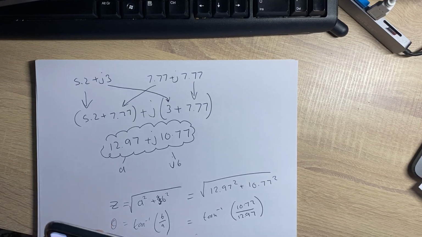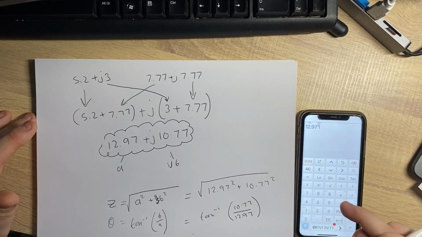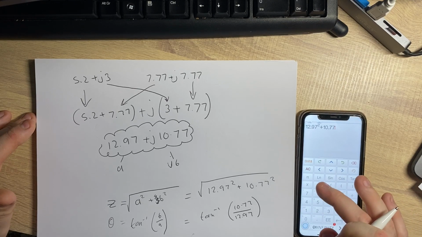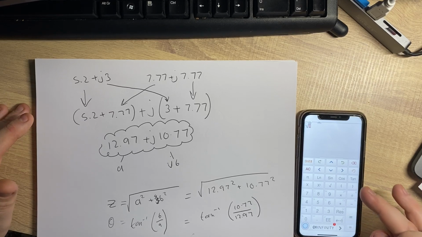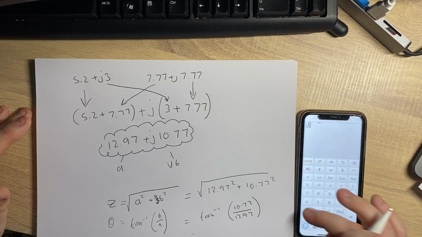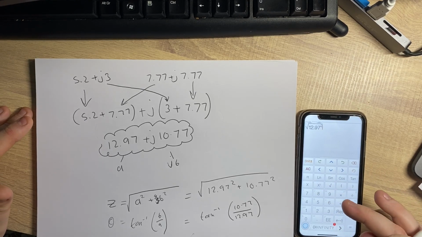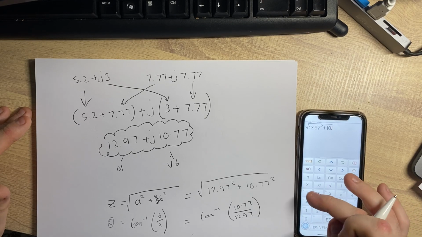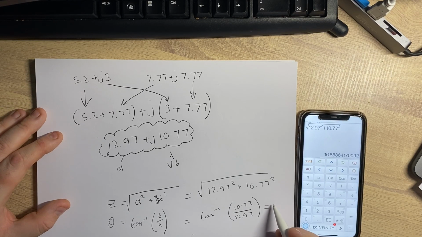And if we put that into a calculator, 12.97 squared plus 10.77 squared equals, and then we square root the answer, that gives us 16.85.